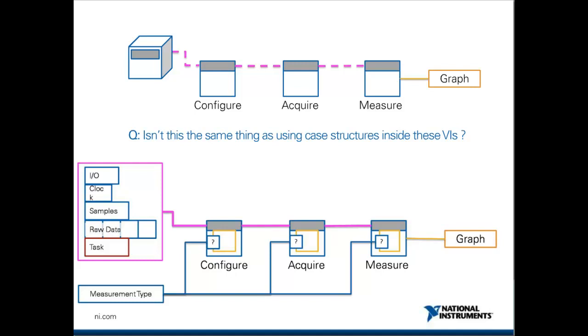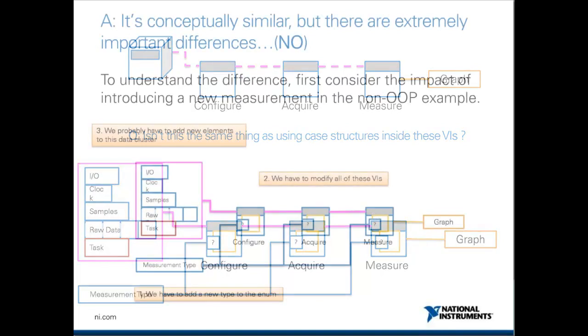And then down below, instead of having a class encompass the data scope and define the cluster, we can see the cluster being passed, perhaps as a strict type definition, into the configure, acquire, and measure methods. Now, because we want to, at runtime, select what type of measurement, we have used perhaps an enumerated constant that's driving the input terminal of the case structure. Well, this begs the question, what's the difference? And I think as you'll see, there are some very key and important differences, especially with regards to scalability.